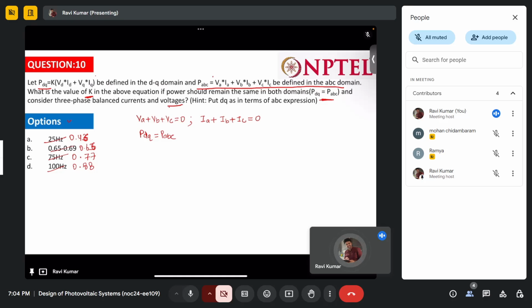So first of all, we will write power in DQ form in terms of A, B, C. For this we need both voltage and current.